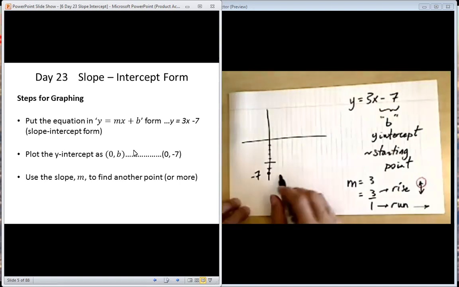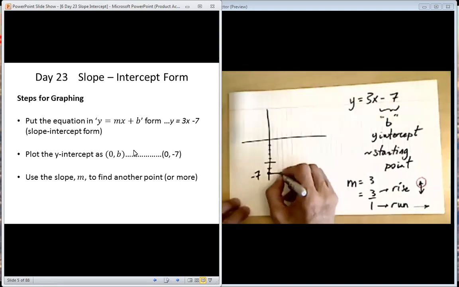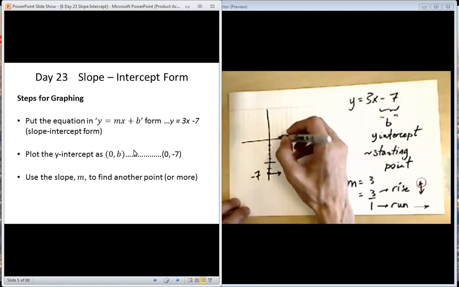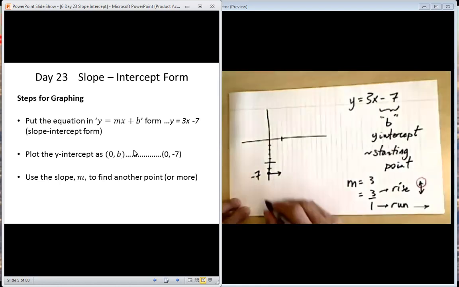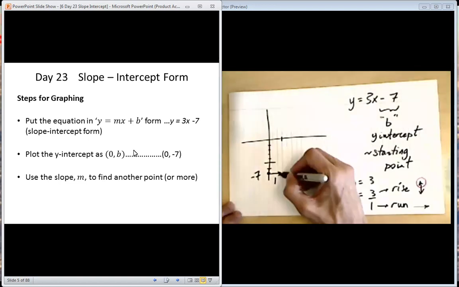Okay, so what we'll do is go over by 1. See, over by 1, to the right by 1, that is. And then being careful with our dashes here, we're going to go up by 3. So it goes up, we're at -7. We're going to go up by 3, so where are we going to end at? If we go up by 1, we're at -6.